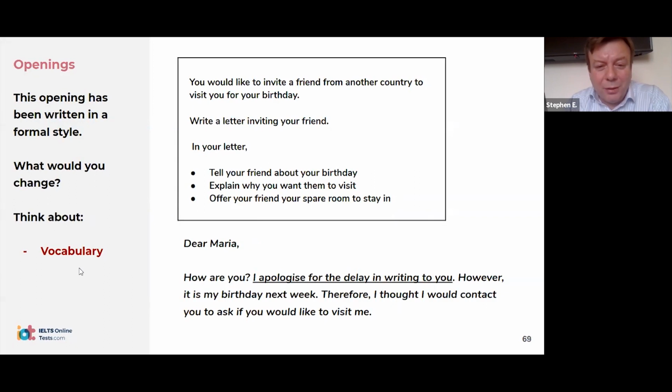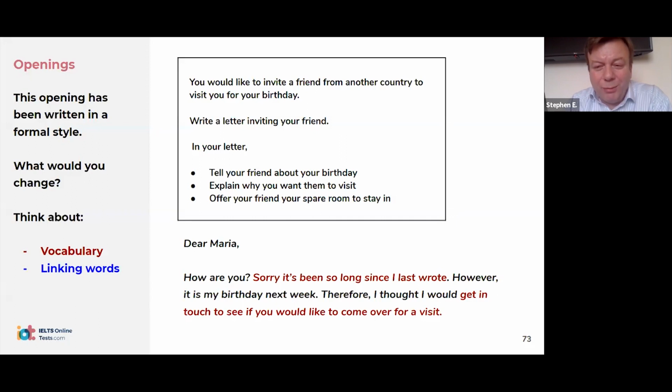So let's have a look. That's very formal there. I apologize for the delay in writing to you. So: sorry it's been so long since I last wrote. Therefore, I thought I would contact you to ask if you'd like to visit me. Well, very formal. Get in touch to see if you would like to come over for a visit.